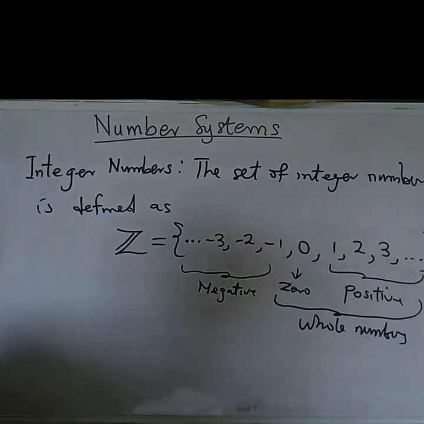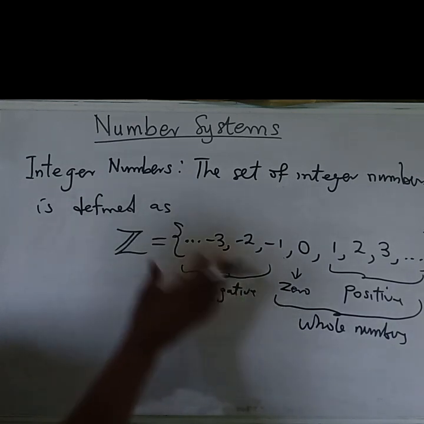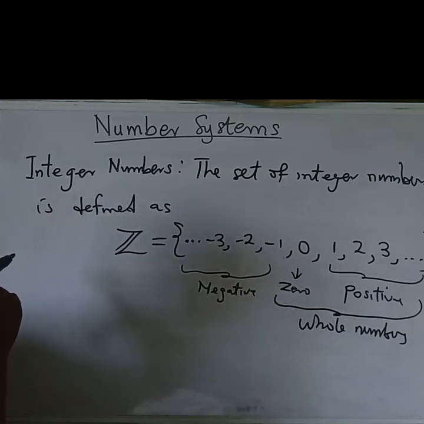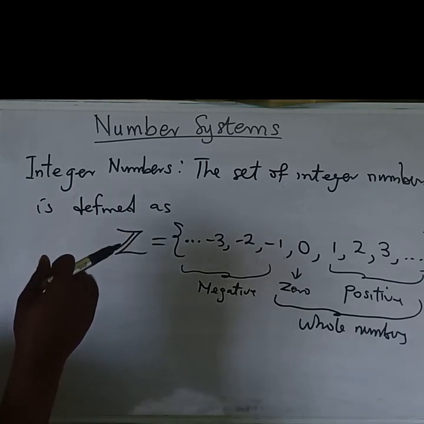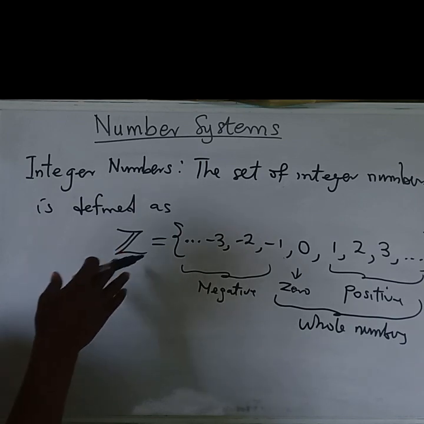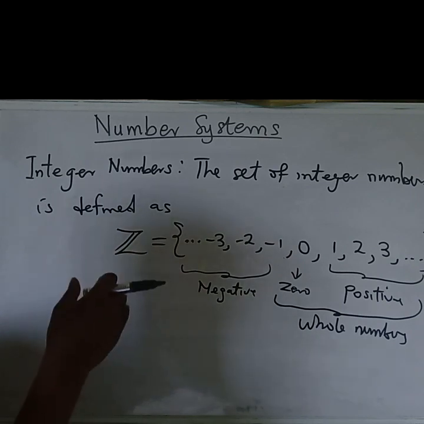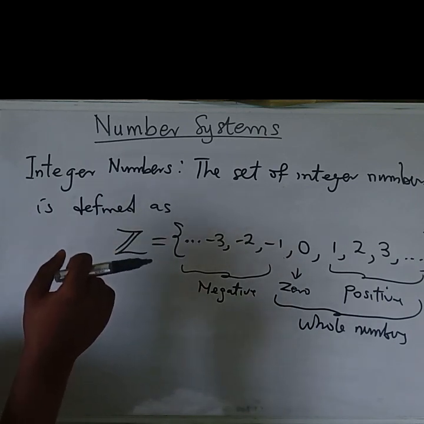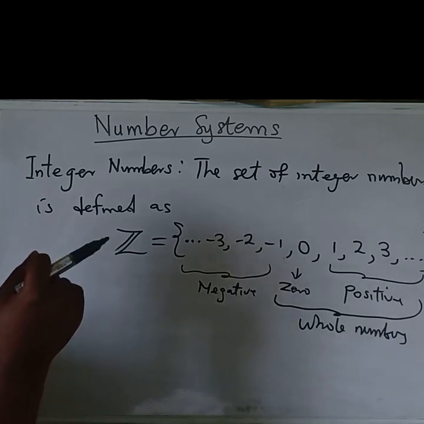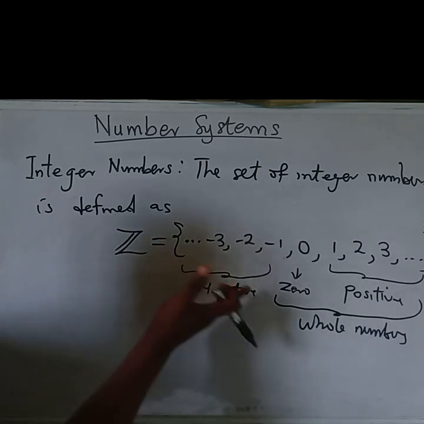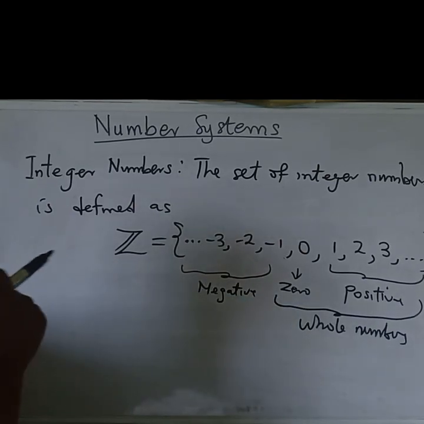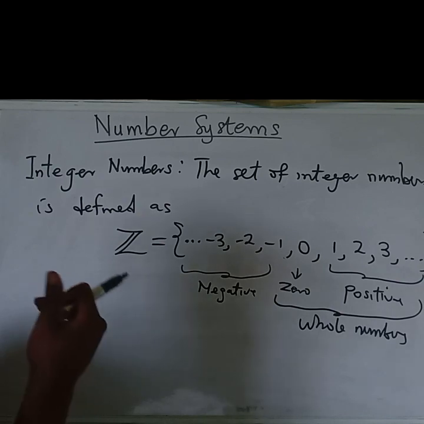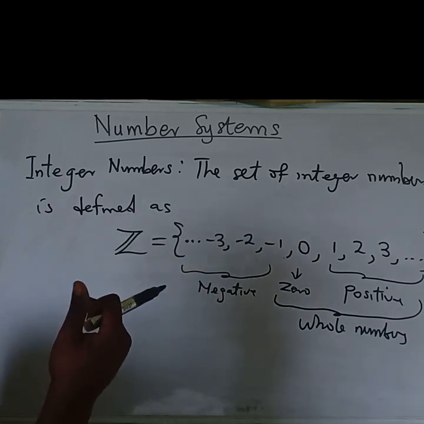With the introduction of negative numbers to this set, this set has more properties or attributes than the natural numbers. This is so because of the introduction of the negative integer numbers.